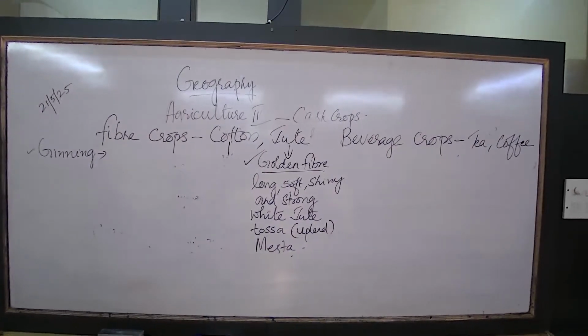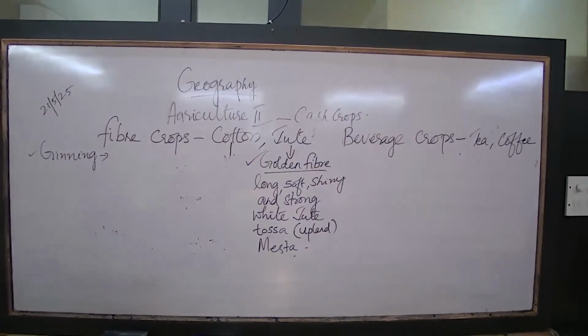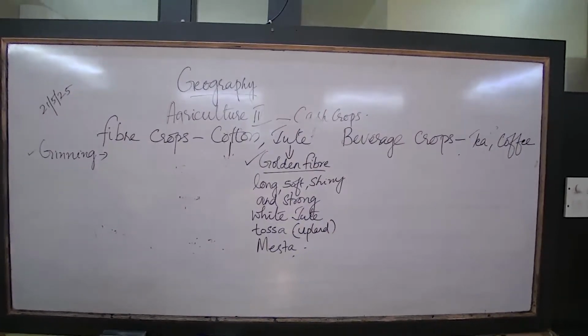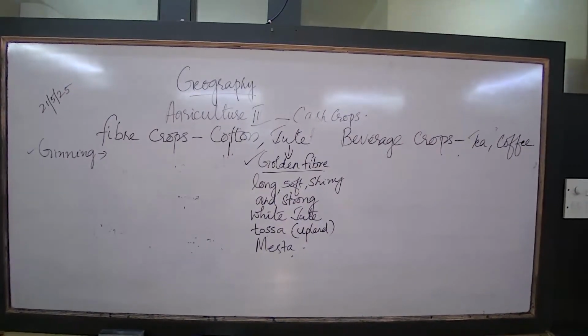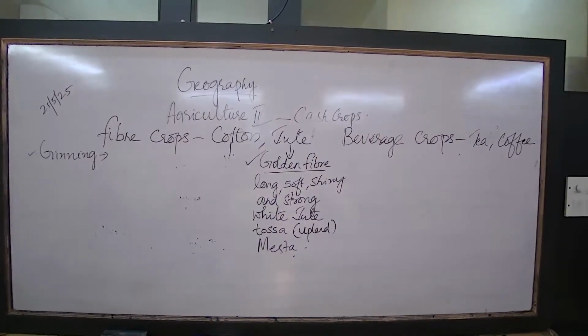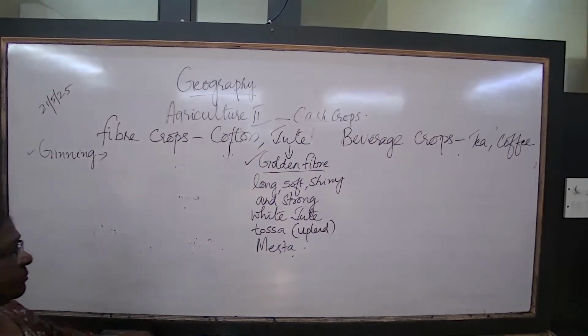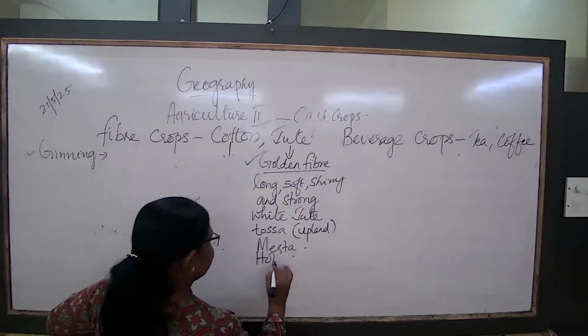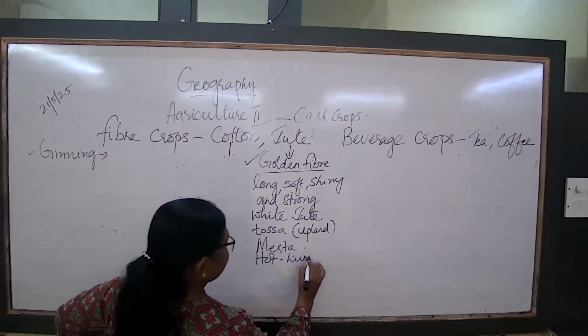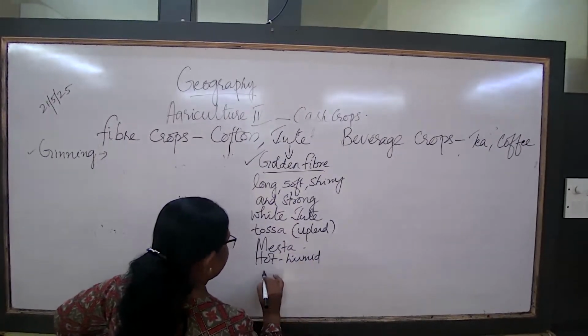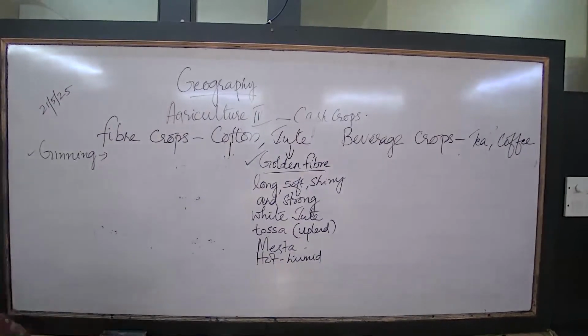Now, climatic conditions. Temperature. Jute requires a hot and humid climate with temperatures between 24 degrees Celsius and 35 degrees Celsius and relative humidity of 90%. Rainfall.